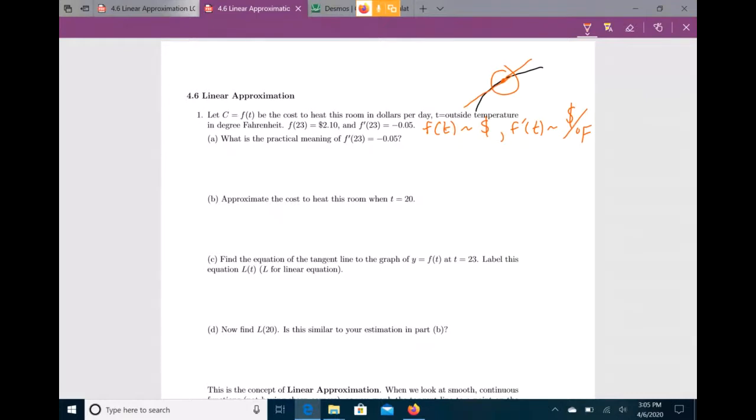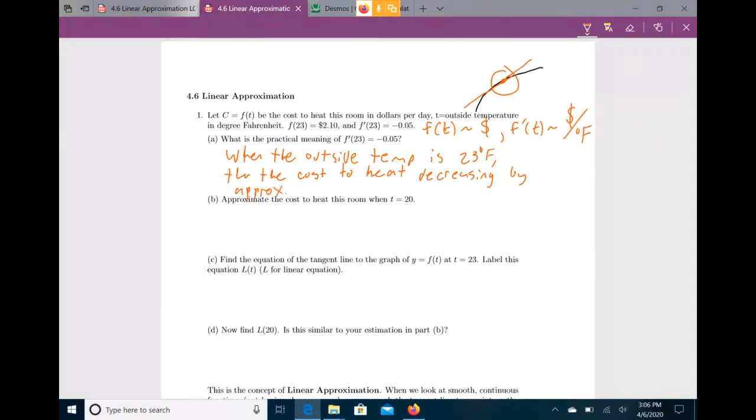So this is saying that when the outside temperature is 23 degrees Fahrenheit, then the cost to heat the room is decreasing by approximately 5 cents per degree increase.